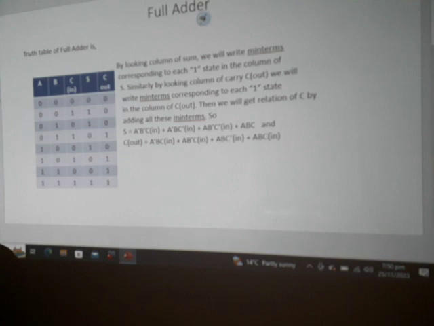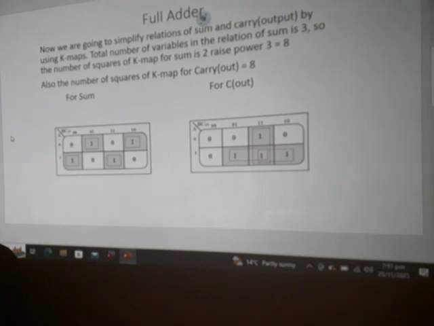Now we will simplify these relations by using K-maps. In the relation of sum, we have a total of 3 variables, so the number of squares of the K-map for sum will be 2 raised to the power 3, which is 8.